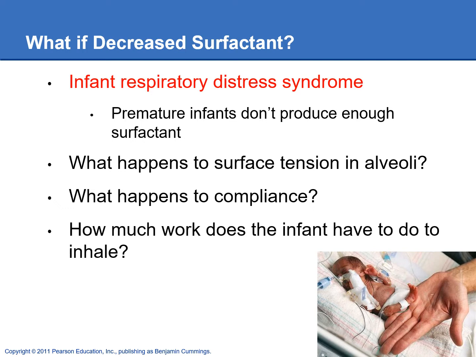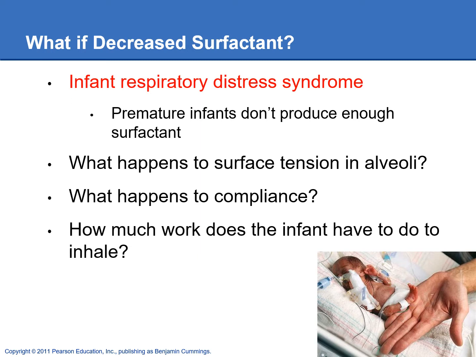The surface tension will increase, and that will decrease the compliance, which is going to make it harder to expand the lungs. And so that makes the infant have to work a lot harder to inhale because the alveoli will collapse as they exhale, and then they have to work really hard, create a really high pressure gradient to reinflate those collapsed alveoli.